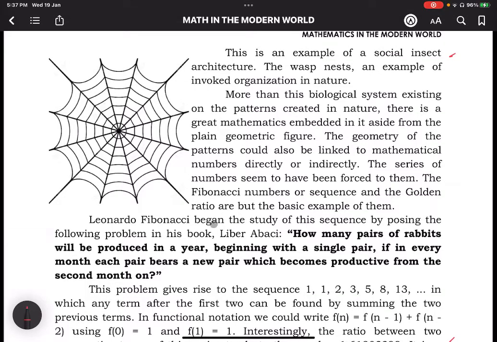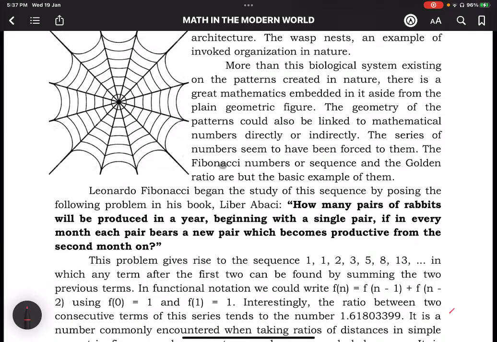Also the golden ratio, no? So sino yung sabi natin gumamit ng Fibonacci or nag-introduce, no, ng Fibonacci number pattern, no? Si Leonardo Fibonacci, no? Who began the study of this sequence by posing the following problem in his book.